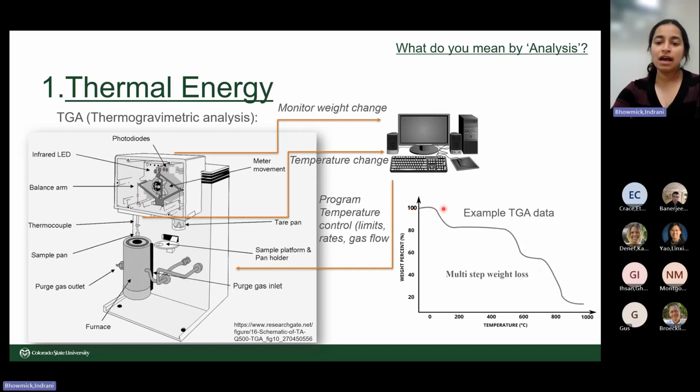So over time, this is what your output data will look like. You will have a change of temperature because your furnace is heating, and there is a little thermocouple to warm up, and also to record the temperature change of the sample and the furnace. And then you see the mass change over time.